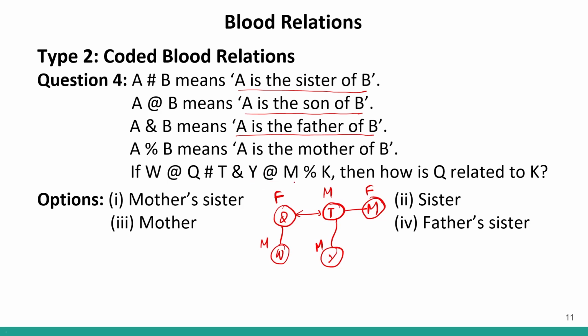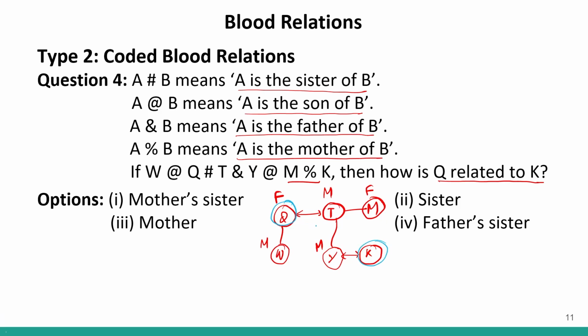Moving forward, M percentage K means M is the mother of K. So if M is the mother of K, that means K would be the sibling of Y. But K's gender is unknown. So this would be the family chart. Now, we have to find out how Q is related to K.